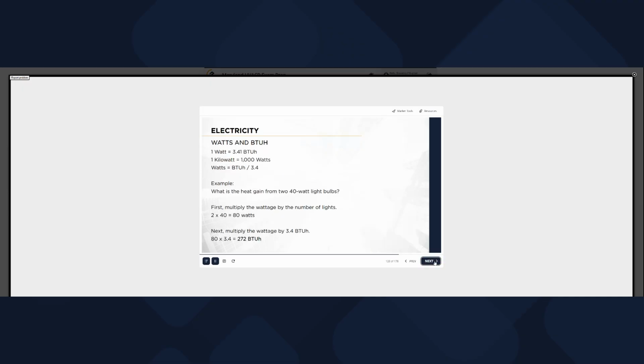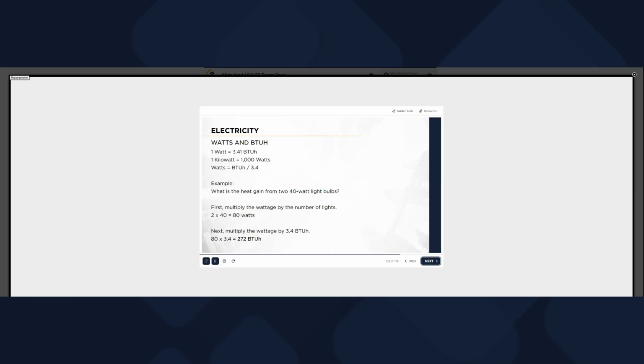Watts and BTUH. 1 watt equals 3.41 BTUH. 1 kilowatt equals 1,000 watts. Watts equals BTUH divided by 3.4. What is the heat gain from 2 40-watt light bulbs? First, multiply the wattage by the number of lights. 2 times 40 equals 80 watts.